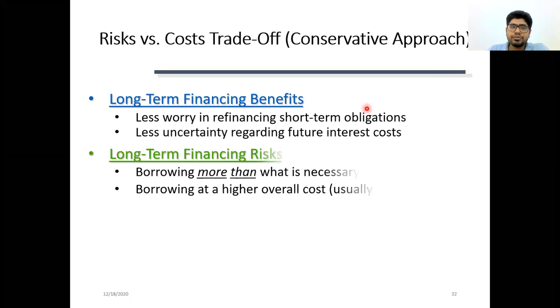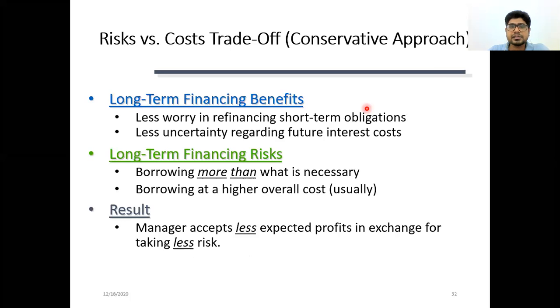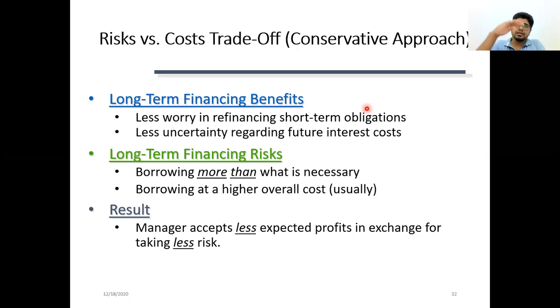Right, now we will see the risk and cost. When we maintain a low level of working capital, it gives high risk. So a low level of working capital means a high level of risk.